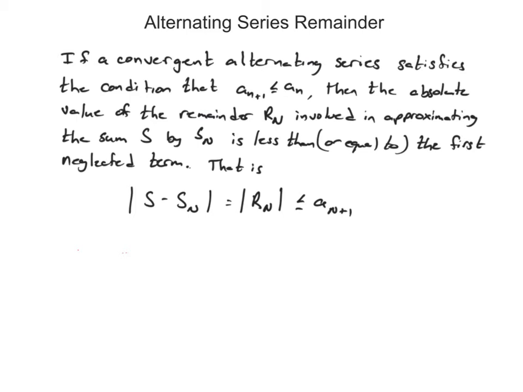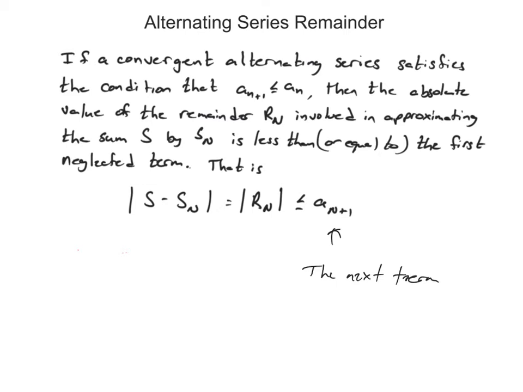In other words, if I approximate the sum of an alternating series using the first 5 terms, the error is going to be less than or equal to the 6th term. And that's what this is saying, that error is always going to be less than or equal to that right there, which is the next term.